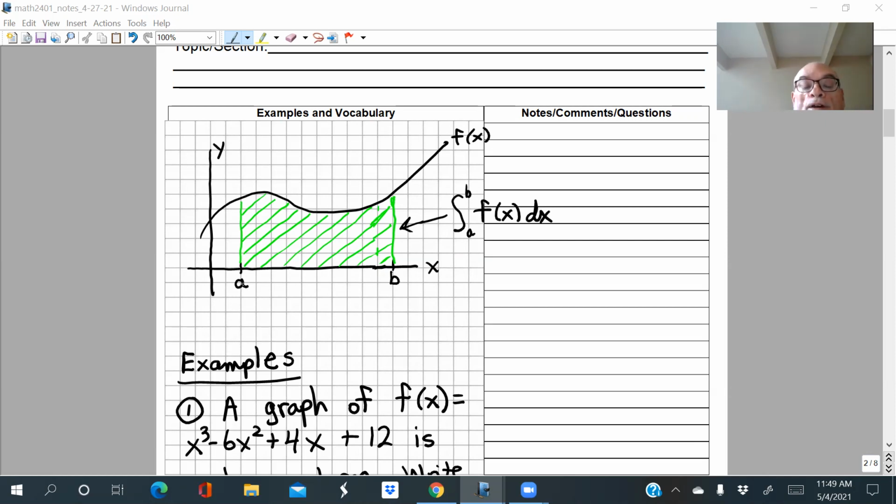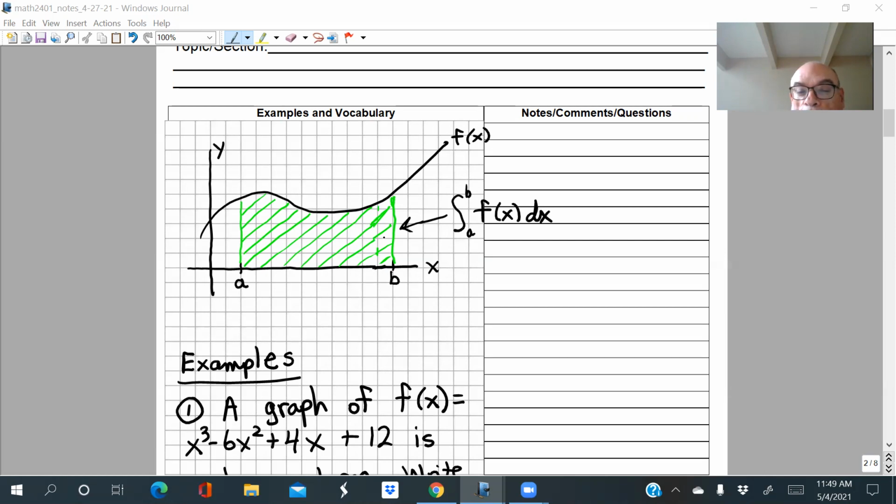We're going to assume that we're starting the region at some value a along the x-axis, and then we're thinking about the region up to a second value b along the x-axis. That's just to limit the size of the region, so the region is not infinitely large. Okay. All right. So here's a picture of this region that we're thinking about.